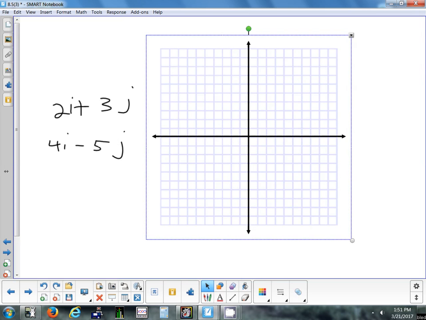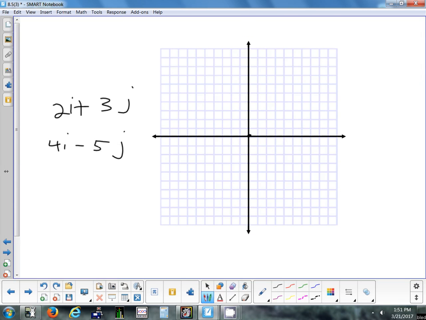What quadrant would 2i plus 3j be in? First quadrant. And if I start from the origin, what's the name of the vector called? Position vector. So I'm going to go right 2, and then up 3. There's that one. And what quadrant would 4i minus 5j be in? Quadrant 4. So I go right 4, and then down 5. And there's that one.